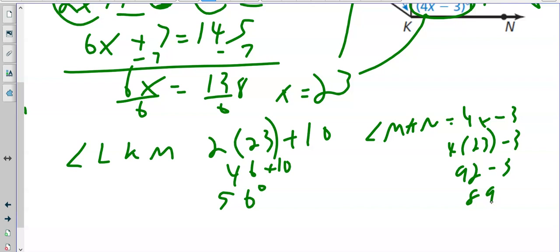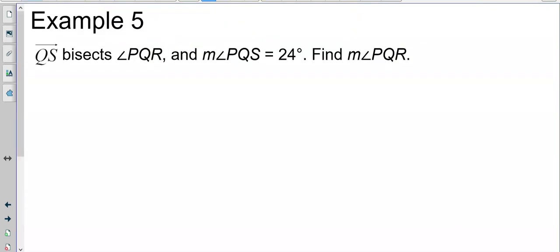It turns out it was really close, but not 90 degrees. Now, I actually could have done this a little bit faster. Since I knew that this angle was 56, and I knew they added up to 145, I simply could have done 145 minus 56, and that would have given me 89 degrees. So more than one way to do it.